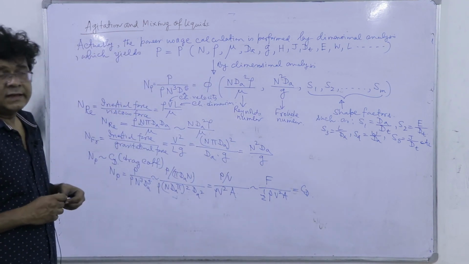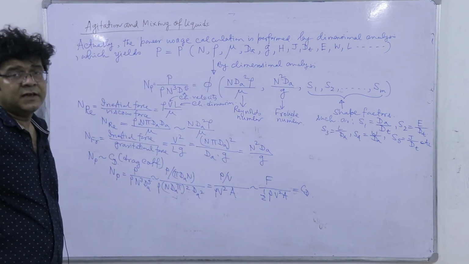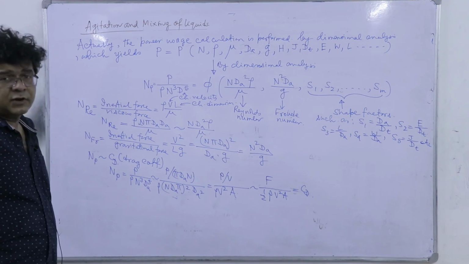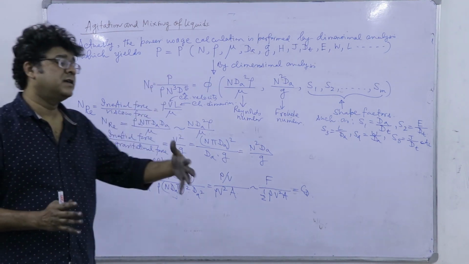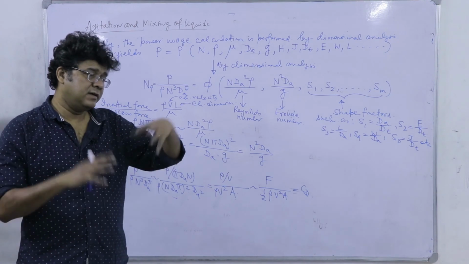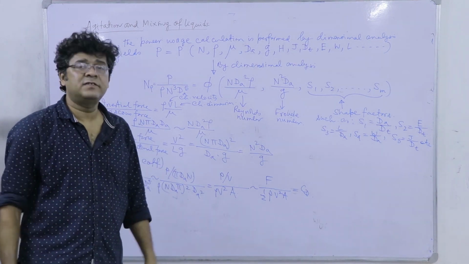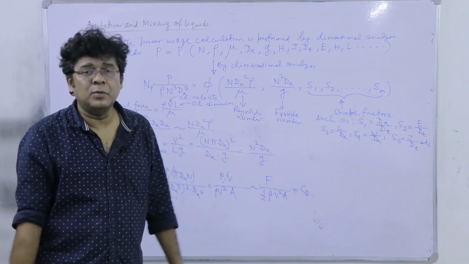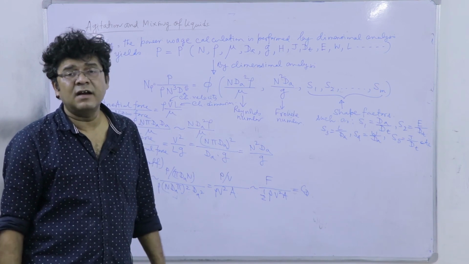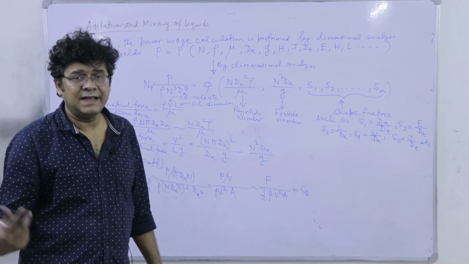You see that drag is specifically favorable for agitation. If we churn an agitator in a tank filled with air, there will be practically no motion created because the air has a very low density.